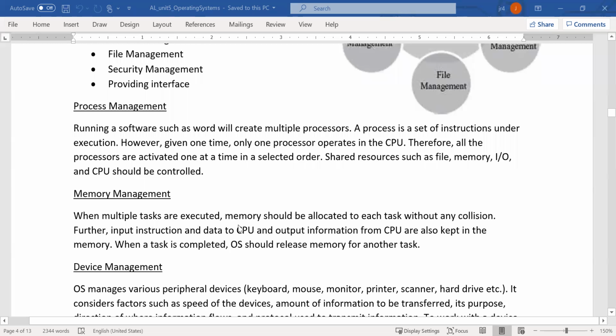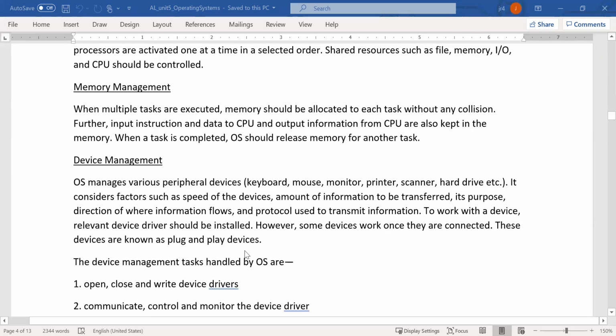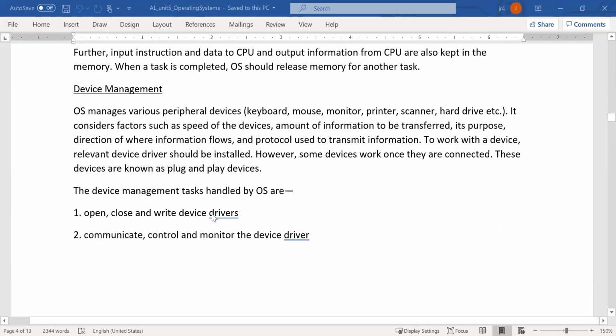Mainly processes: when you run a software, it will create one or more processes, and at a given time we know that only one process can operate on the CPU, right? And then the processes activate in a particular order, right?